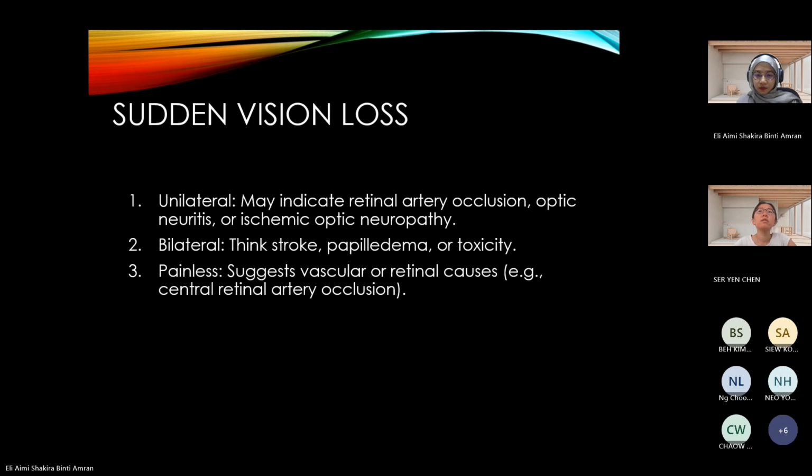Steroid. Steroid is systemic, it's not toxic. There's one poison that is usually used by a farmer. Once they are exposed to that poison, they can have a high level of toxicity in the blood. It can lead to sudden vision loss. I think this is quite common, especially if you are practicing in suburban areas.